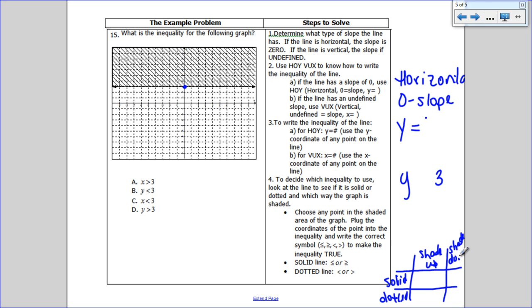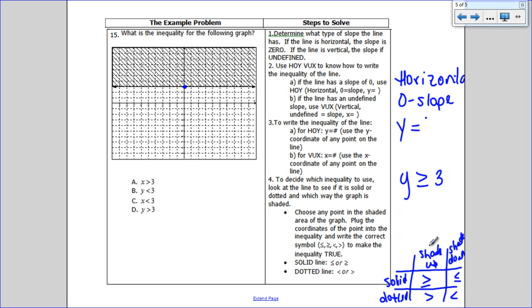And so you have this little graphic in several of your notes, and so these are the symbols that went with what. And so if we look for this graph from the y-intercept, if we go to where the shaded area is, I have to go up, which means this is shaded up. Well, shade up looks like it is the greater than symbols, and since we had a solid line, we're going to pick the greater than or equal to.